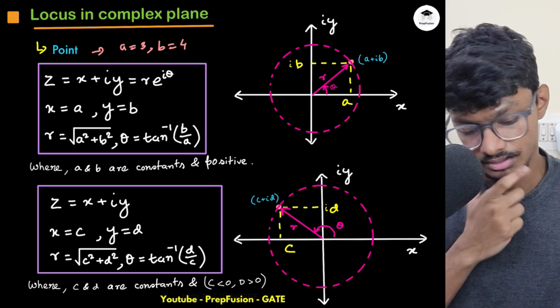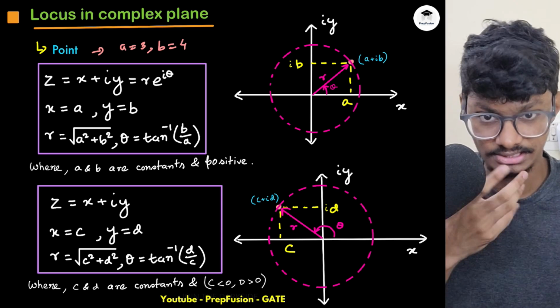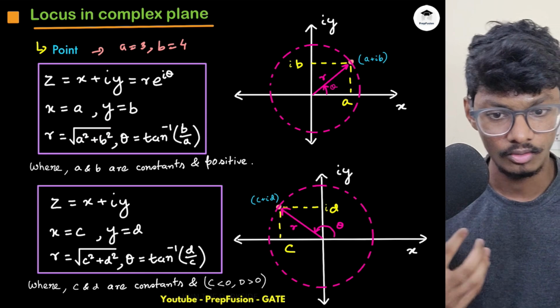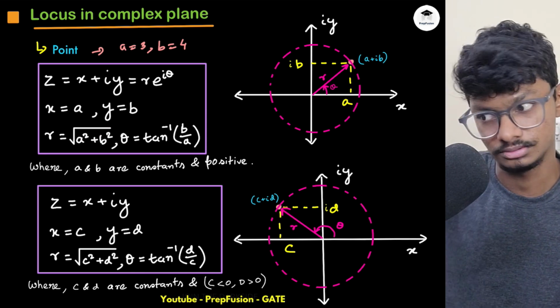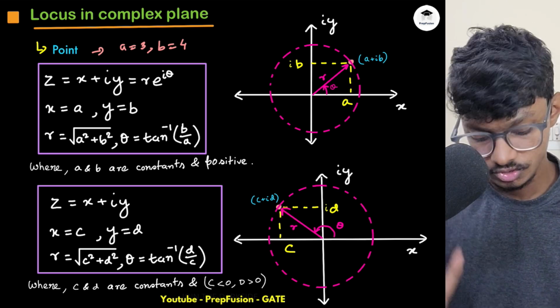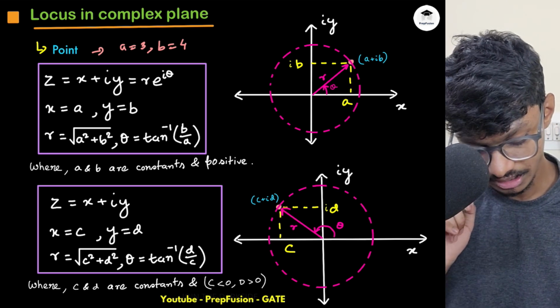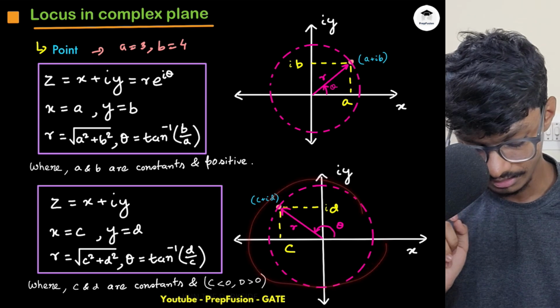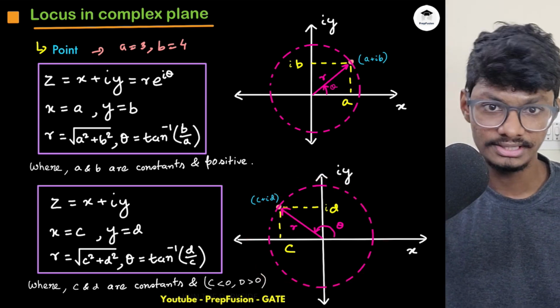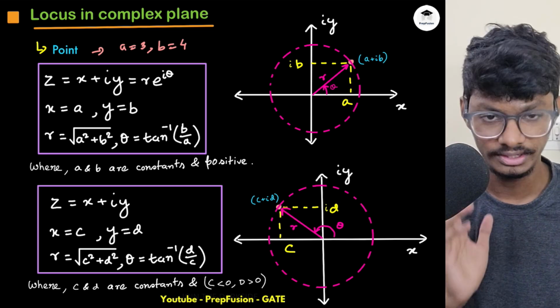That is my point in the complex z plane in the rectangular format. Now if I want to define it in the polar format, I will again draw a circle, and this time I am trying to define, let's say, minus 3 plus 4i.